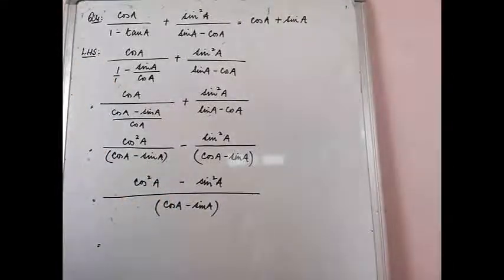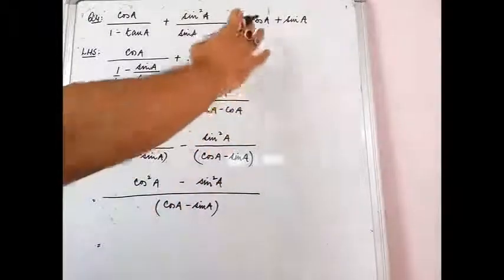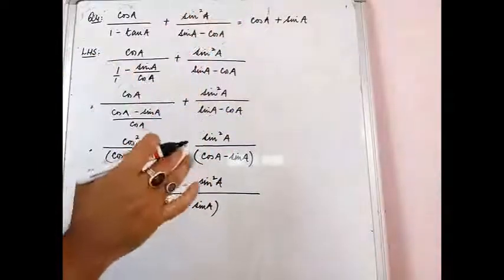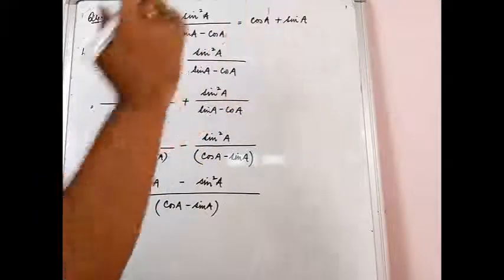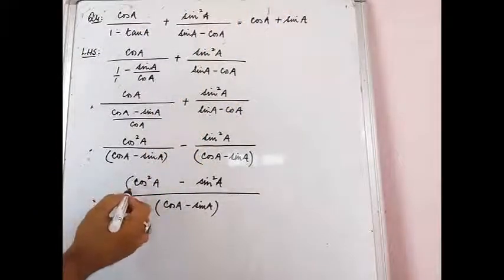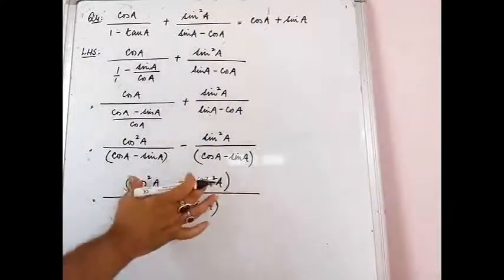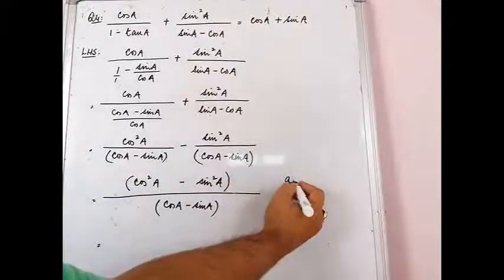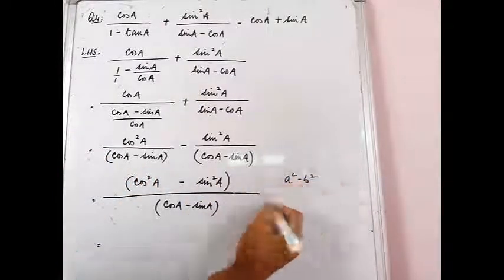So in the next step, now you keep in mind what is there on the right hand side. On the right hand side you have cos A plus sin A. Now have a look at this numerator portion. Is it not in the form A square minus B square?